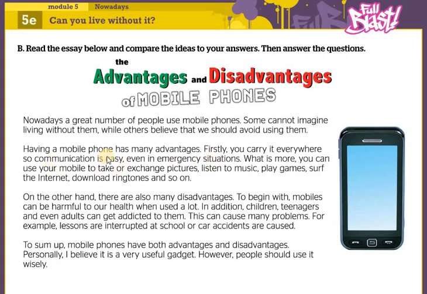Having a mobile phone has many advantages. Firstly, you carry it everywhere, so communication is easy, even in emergency situations. What is more, you can use your mobile to take or exchange pictures, listen to music, play games, surf the internet, download ringtones, and so on.